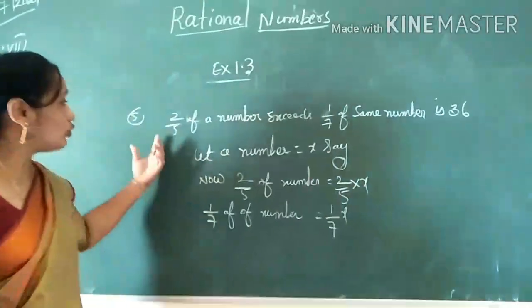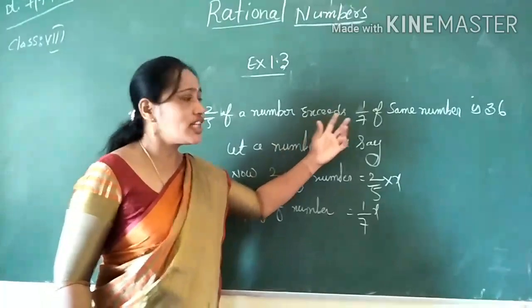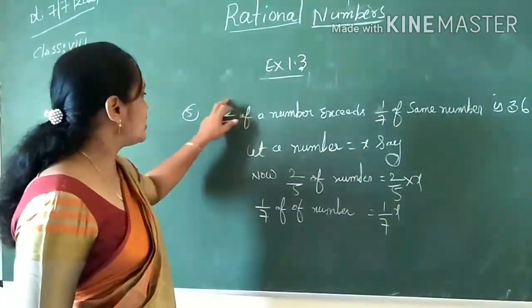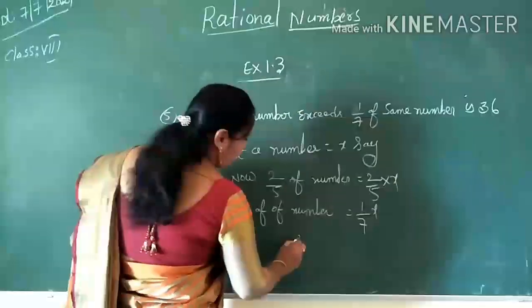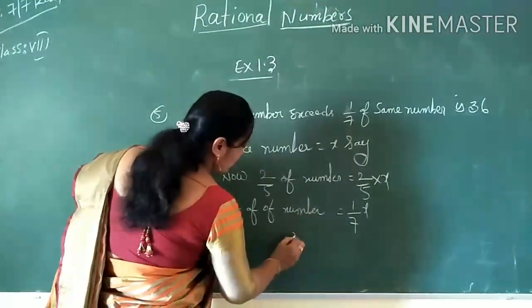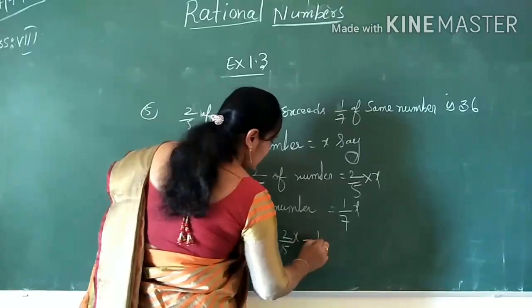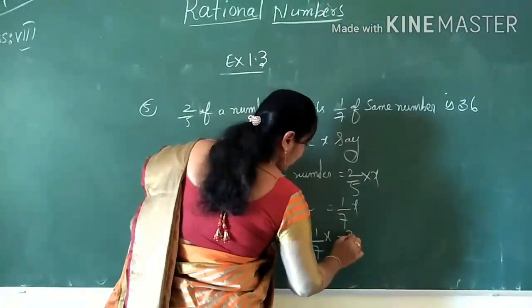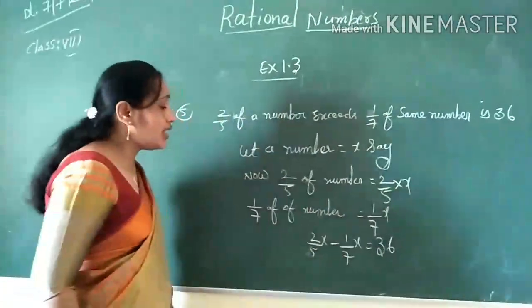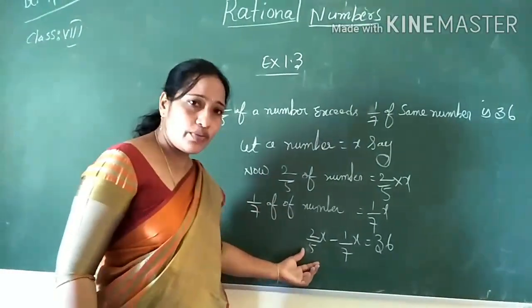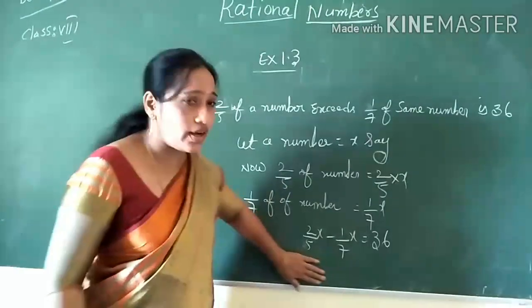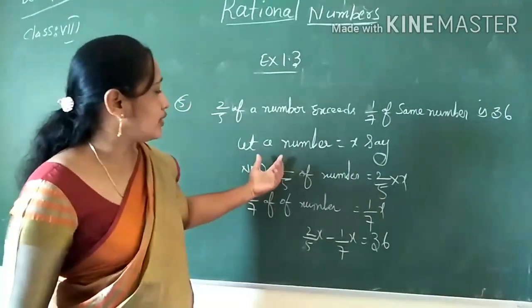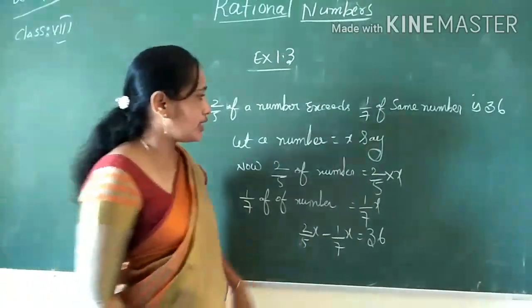Here 2 by 5 of the number exceeds 1 by 7 of the number, so 2 by 5 x minus 1 by 7 x equals 36. This is the given sum. We want to find x, that number.